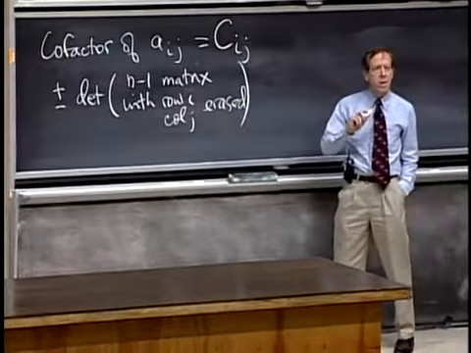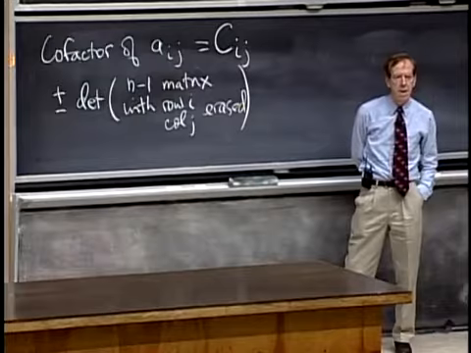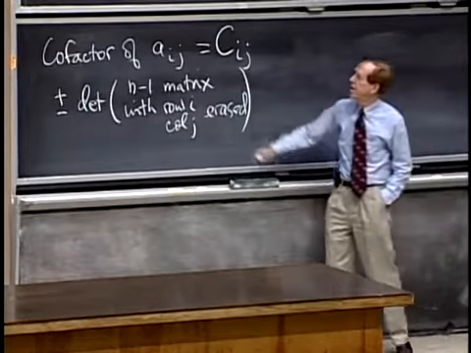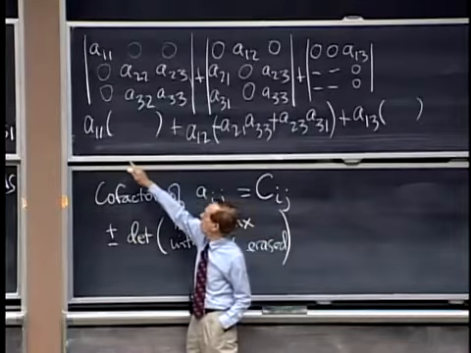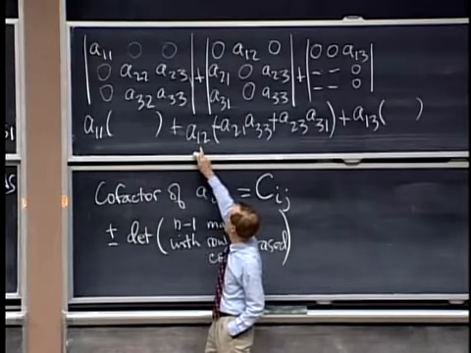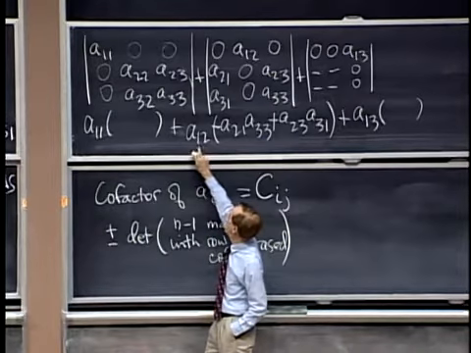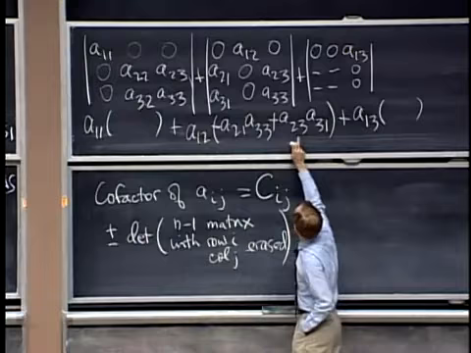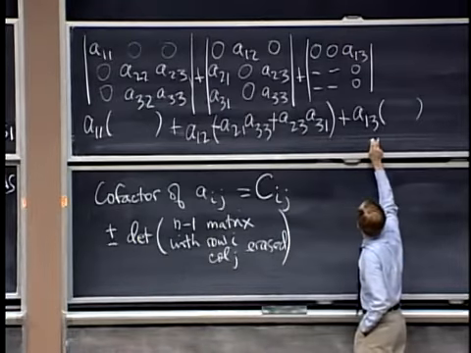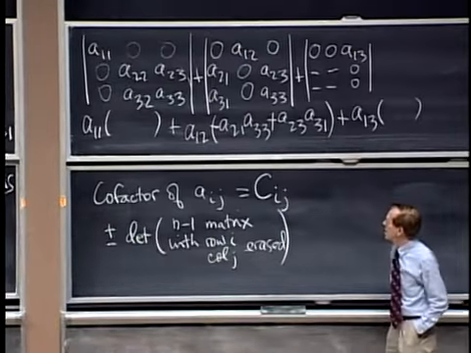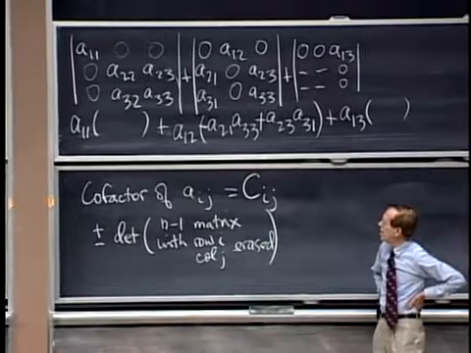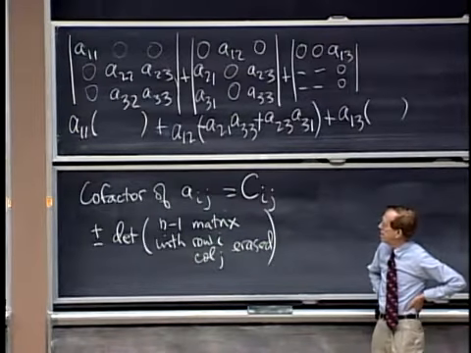Okay, so now is it a plus or is it a minus? Because we see that in this case for A11 it was a plus, for A12 it was a minus. For this Ij, it was a plus. So any guess on the rule for plus or minus when we see those examples?